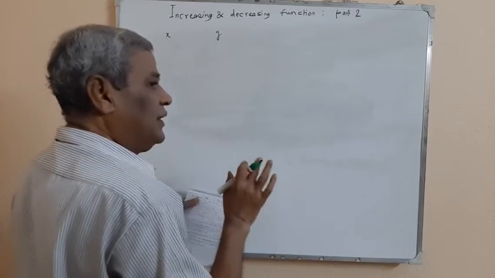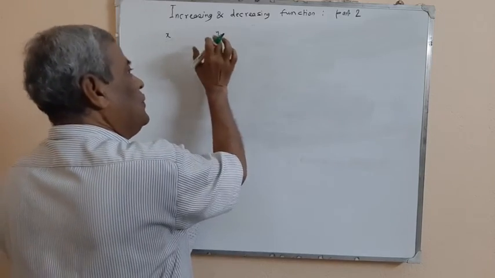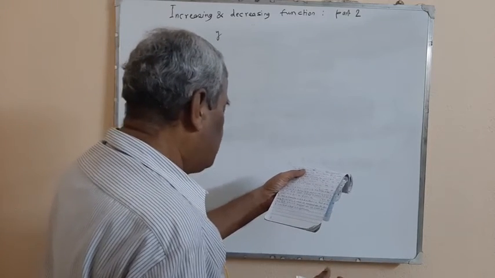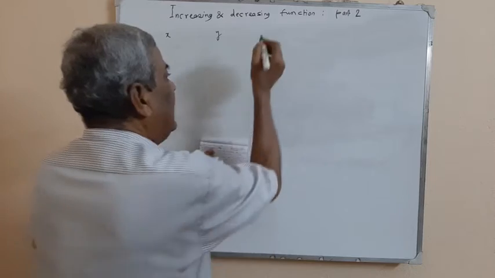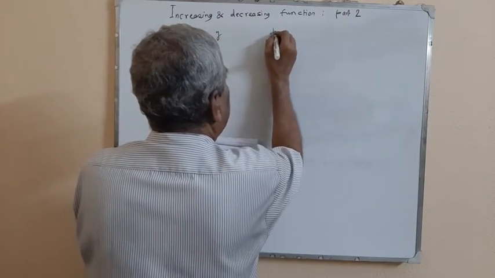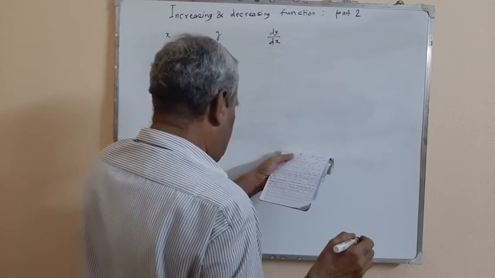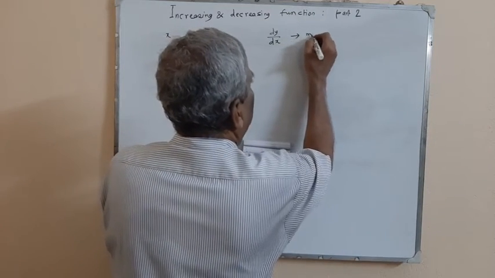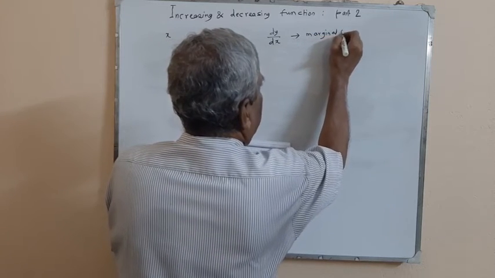The rate of change of y per unit change of x, that is dy/dx, is known as marginal cost.